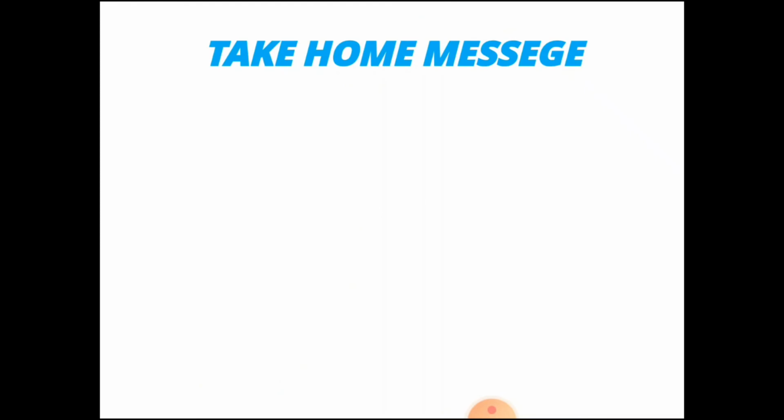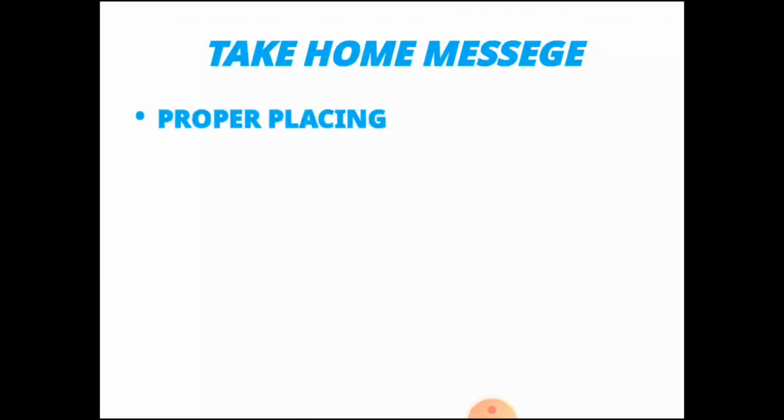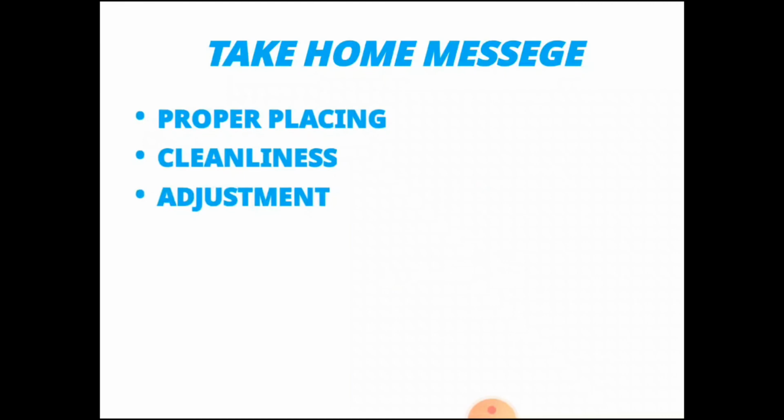Now the take home message. Proper placing of the microscope is very important. Cleanliness of the microscope is very essential. Proper adjustment during the use of the microscope is necessary.